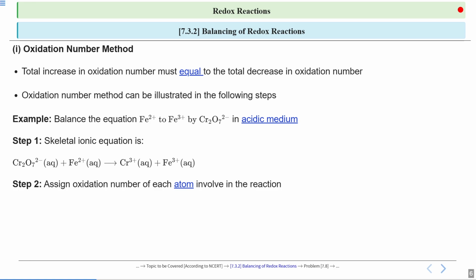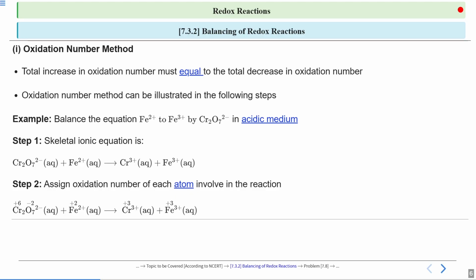By looking at the complex Cr2O7 2-, the charge for chromium would be 2x plus 7 times minus 2 equals minus 2. From here you will find that chromium has an oxidation number of plus 6, while the oxidation number of oxygen is minus 2.